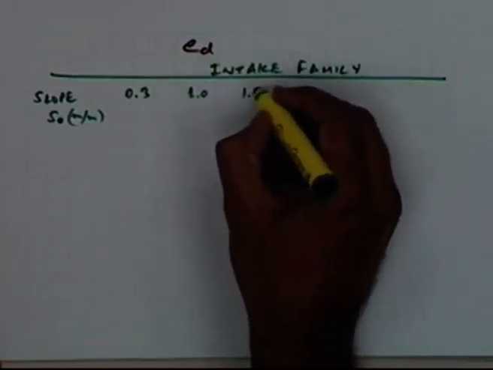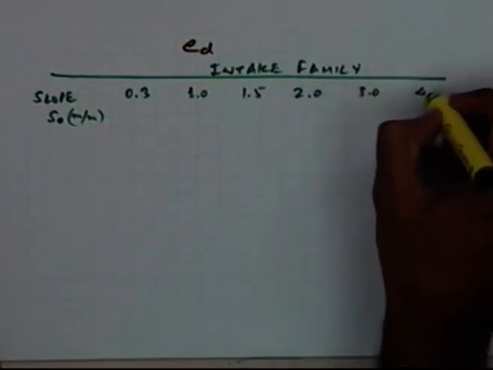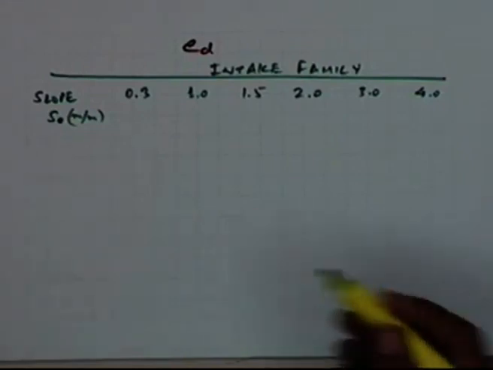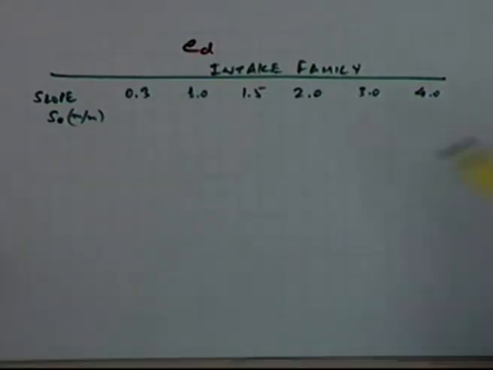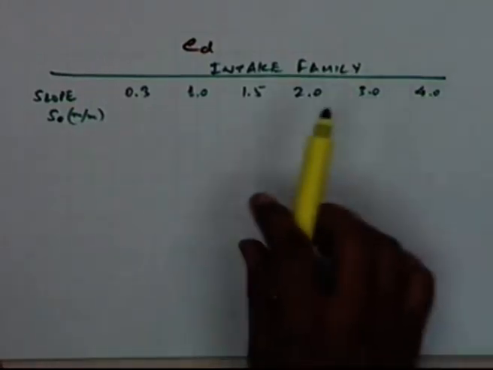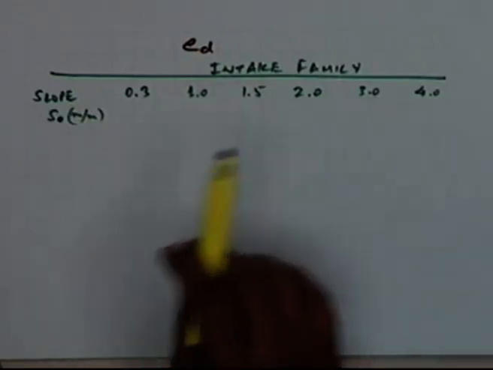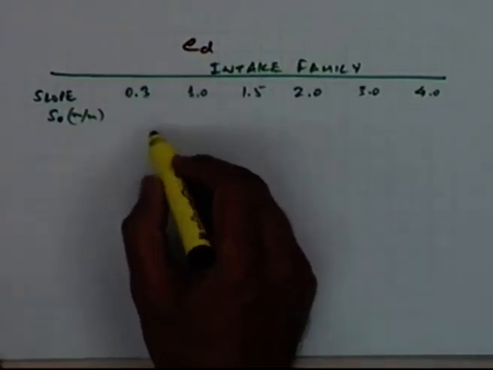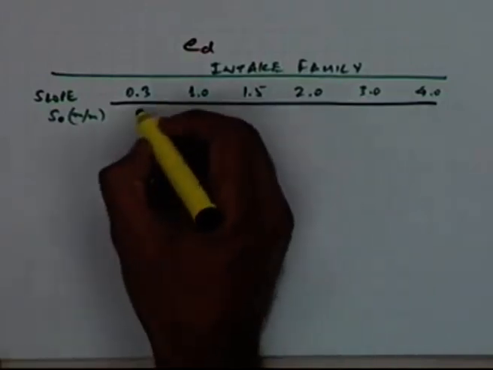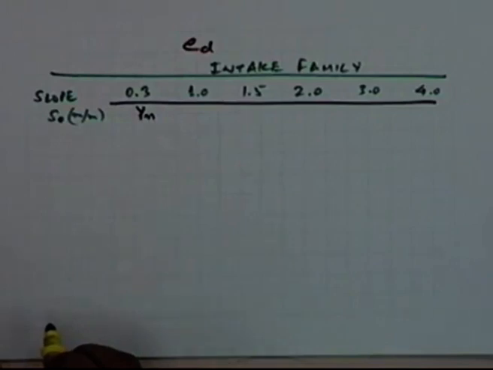Let us say that these are the ranges of the intake families, which in turn suggest the type of soil you are using. So the intake family is a function of what type of soil you are using, and along with the intake family, it will also depend on the depth of application.